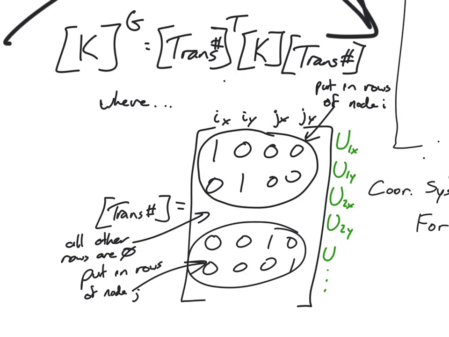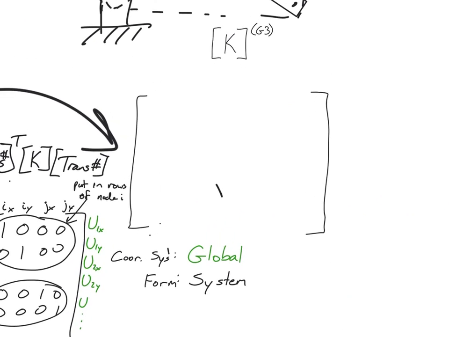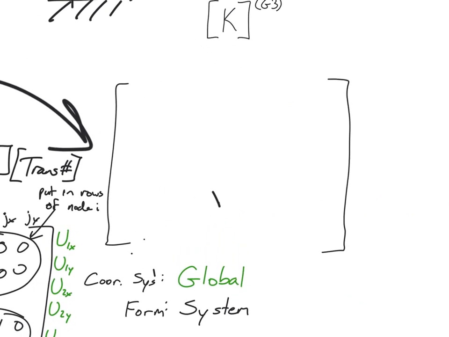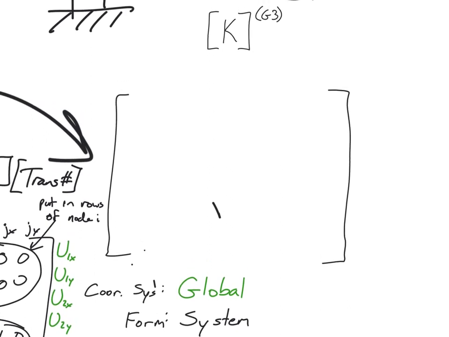All right, so let's zoom out here, see what we got here. All right, so now that we're at our system form, global coordinates. What do we got here? All right, so we're definitely in global coordinate systems. So you got u1x, u1y, u2x, u2y, u dot dot dot.